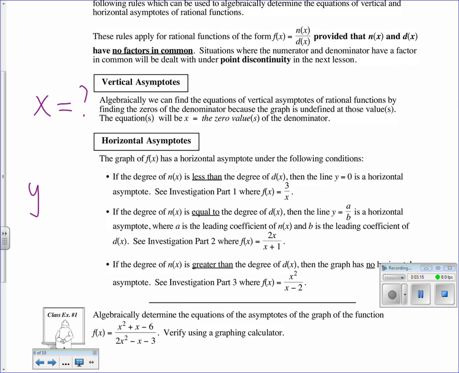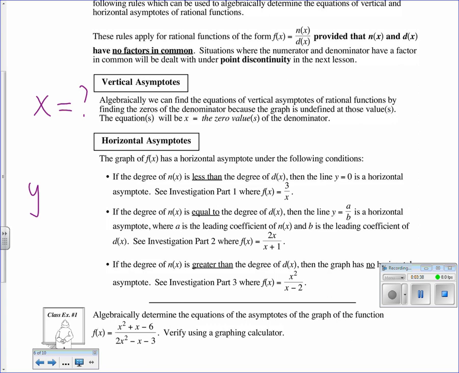If the degree of the numerator is equal to the degree of the denominator, then the line y equals a over b is a horizontal asymptote, where a is the leading coefficient of the numerator and b is the leading coefficient of the denominator. Again, in calculus, we play with this even further.